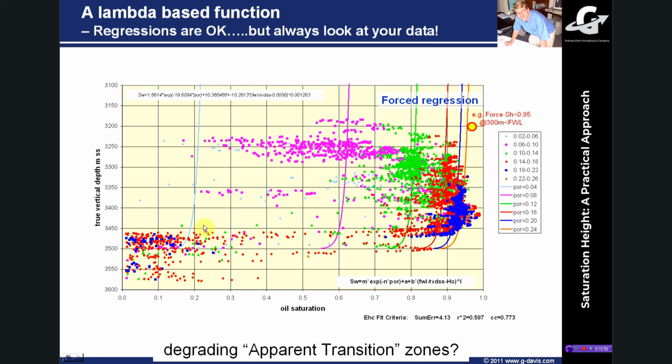Now, arguably here would be a good use of the Tamiya function, because here you can see all the curves are fairly parallel, and it says that every bit of rock quality gives you quite a sharp transition zone, whereas perhaps you might want to draw a more lazy transition zone up through this poorer rock quality stuff and gradually get a sharper and sharper curvature until you get to this plot.